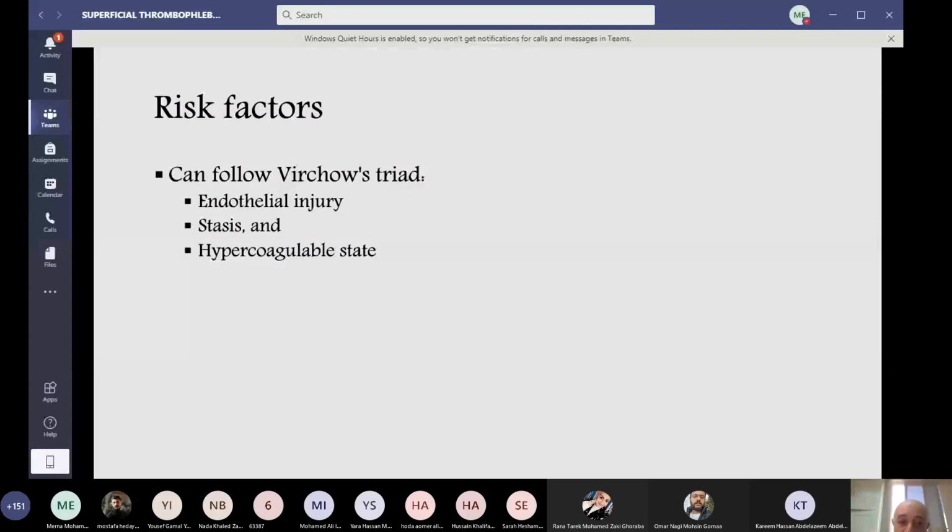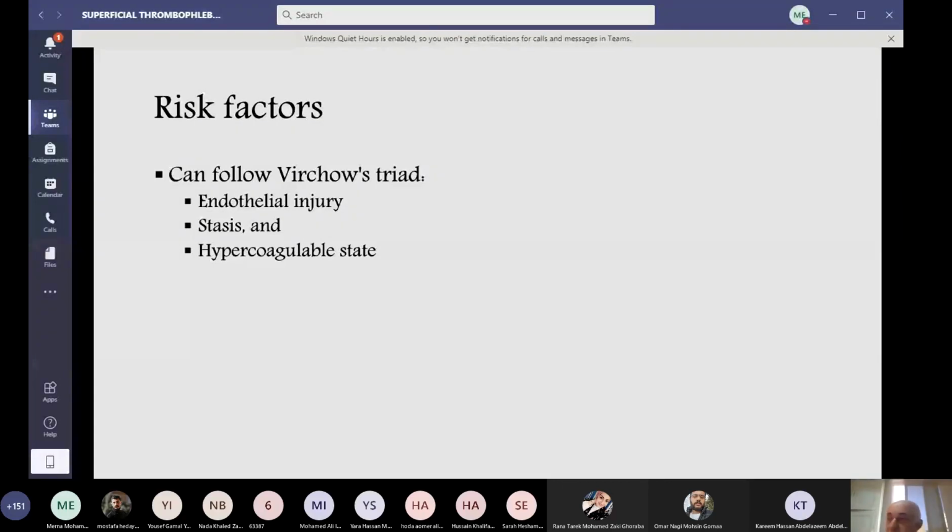Exactly what happens is following what's called the Virchow triad. For the thrombosis to happen, we have to have endothelial injury, stasis, and hypercoagulable states. They may work individually or in combination with each other, and as more than one factor is involved, the risk for the development of the thrombosis is increased.